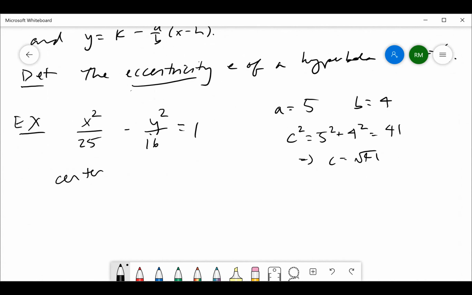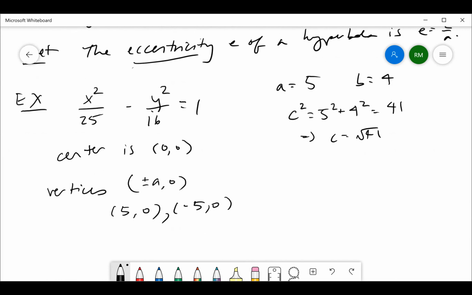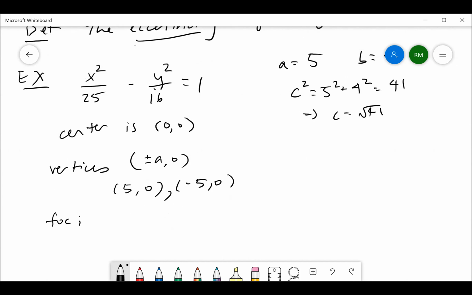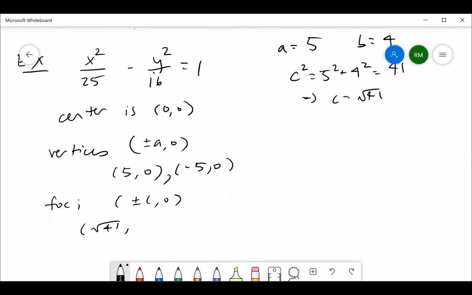Pretty clearly, the center is (0, 0). So the vertices are a units from the center. So that's (5, 0) and (minus 5, 0) are the vertices. The foci are c units from the center. So that's (root 41, 0) and (negative root 41, 0). And the eccentricity is c over a, which is root 41 over 5.